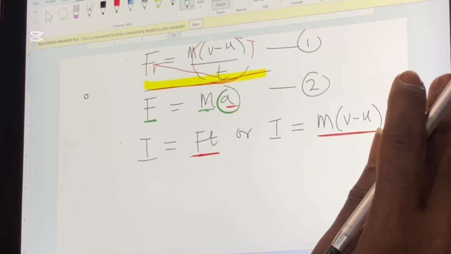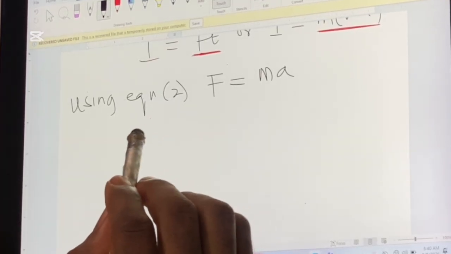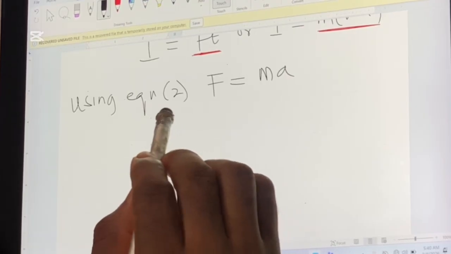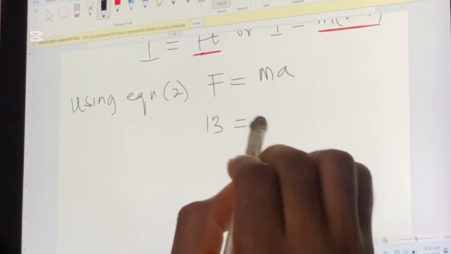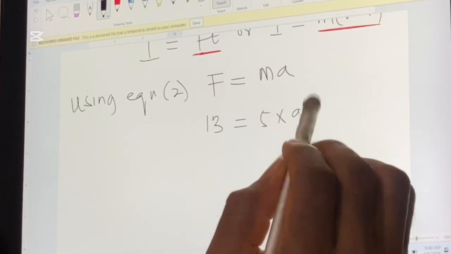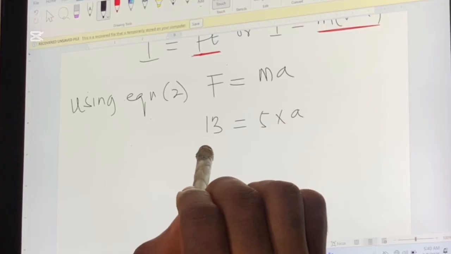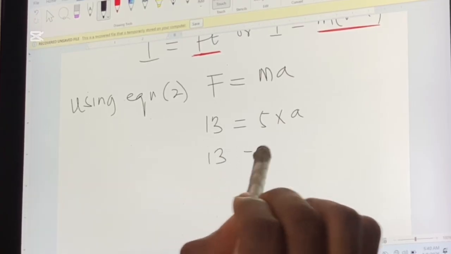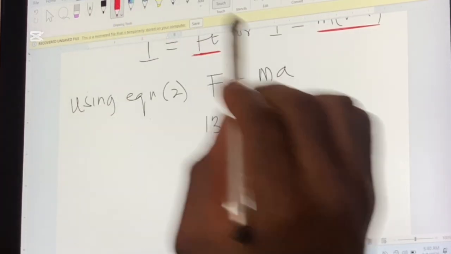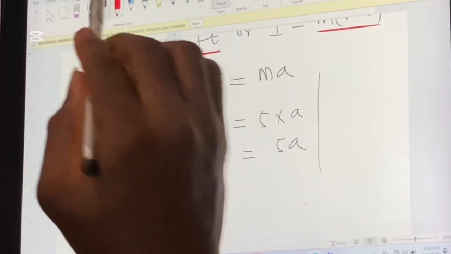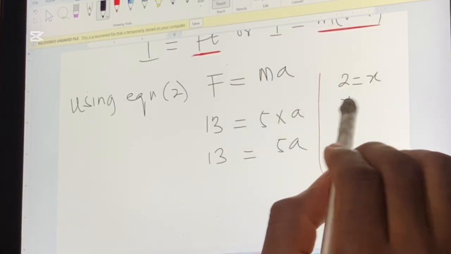Now using equation 2, let's replace this. Force is given to us as 13, mass is given to us as 5, times a. So let's make a the subject of the formula. 13 is equal to 5a. In mathematics, if you have something like 2 is equal to x, it is the same thing as x is equal to 2.